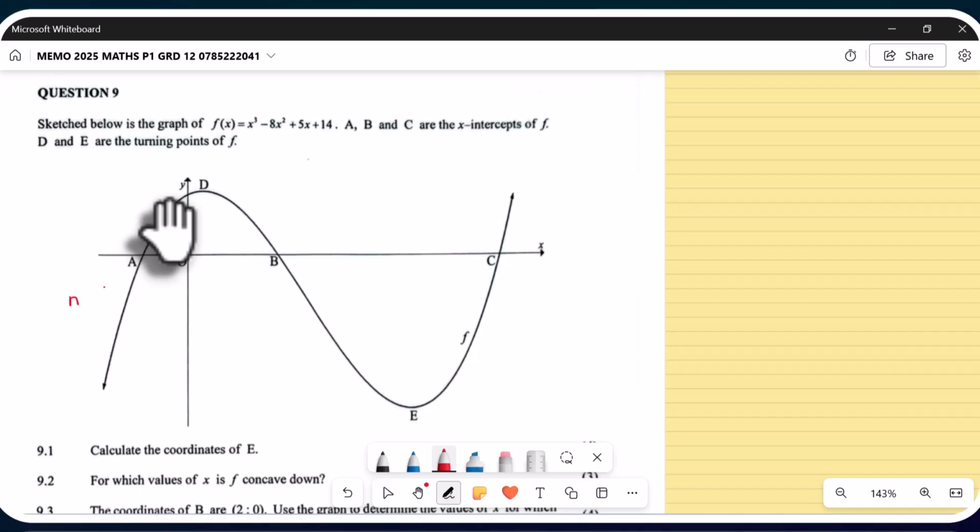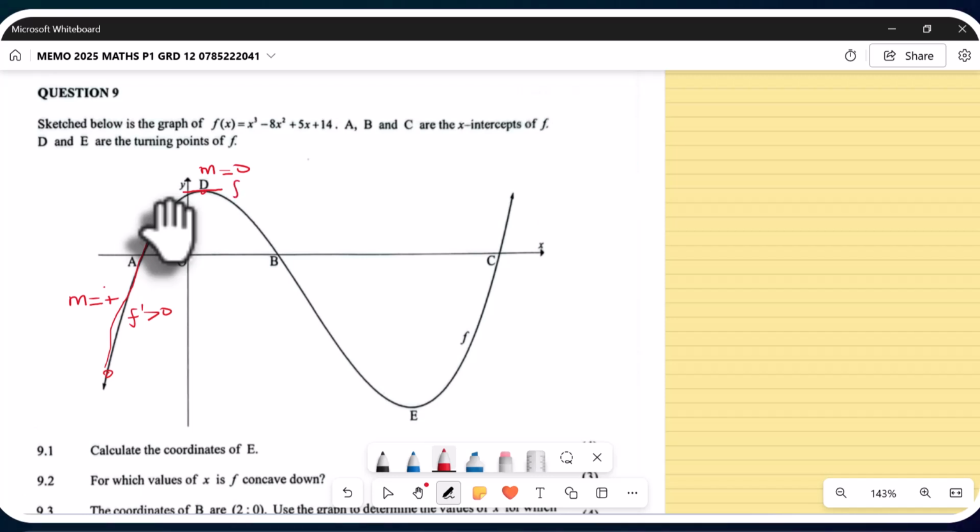But when you reach point D, the turning point, our gradient is 0. And because of the 0 gradient, our derivative equals 0.